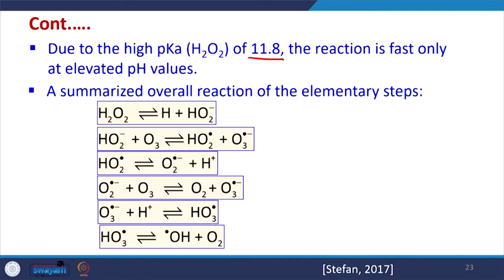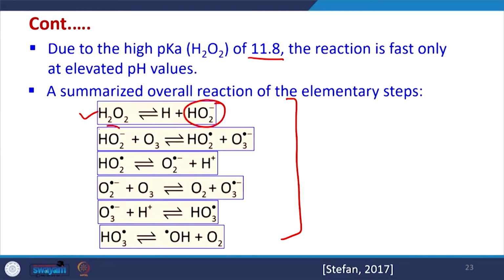A summarized overall reaction of the various elementary steps during ozone reaction with H2O2 is given here. Hydrogen peroxide may form this anion. This anion further reacts with ozone to form a peroxy radical. This peroxy radical may give another oxygen radical.